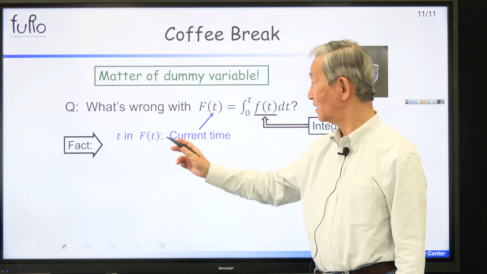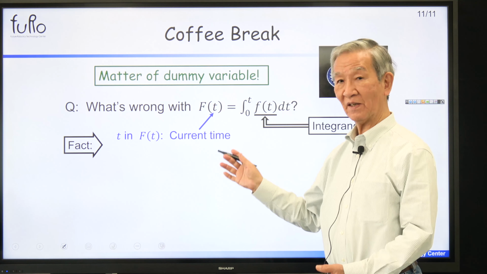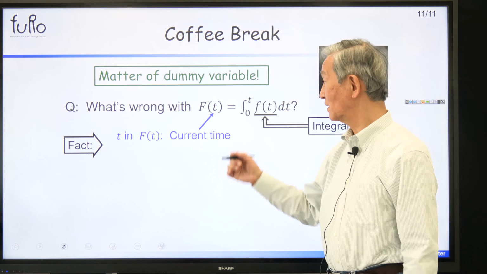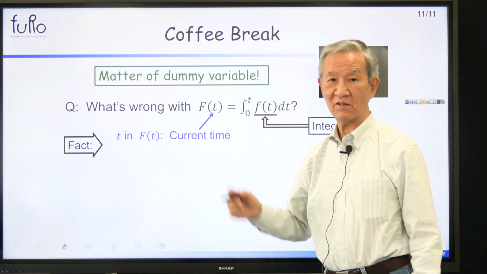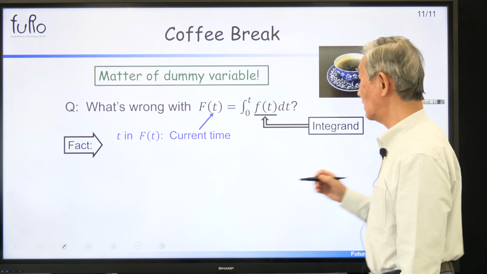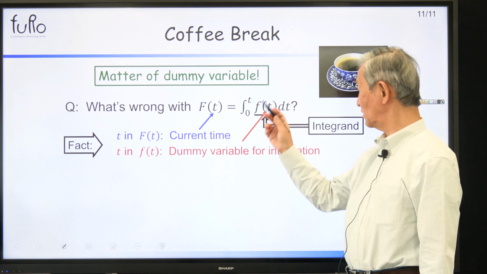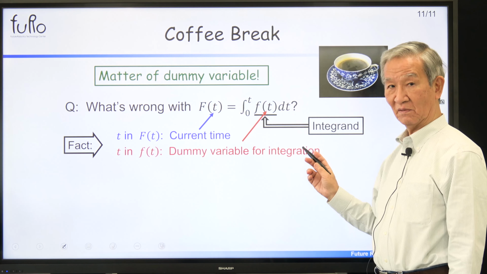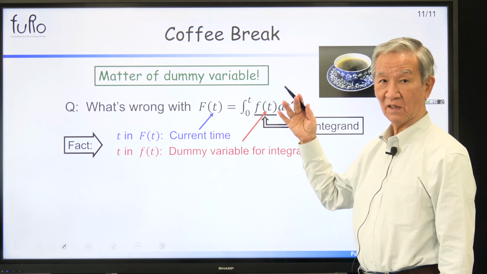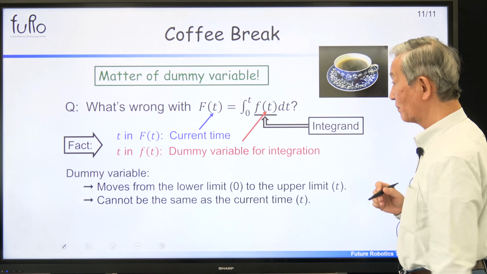First one, t in f of t here is called the current time or current position or whatever. If that was x, that's current position. But I'm using t, so that's time, so it's current time. Whereas t in the integrand here is just a dummy variable for integration, like the slide I gave you before.